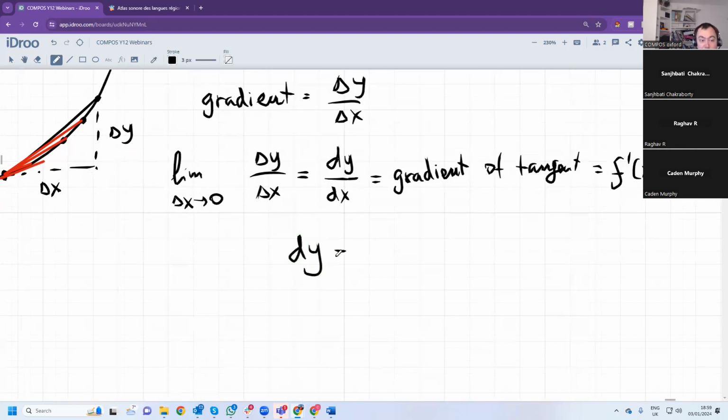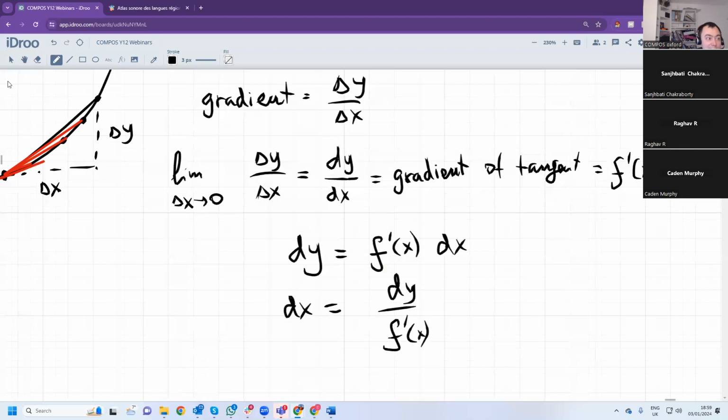Therefore, dy can be expressed as the derivative of the function multiplied by dx. And dx can be expressed as dy over the derivative of the function. And you can go further with this.